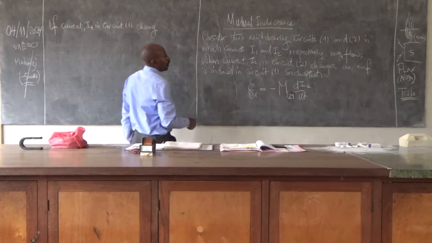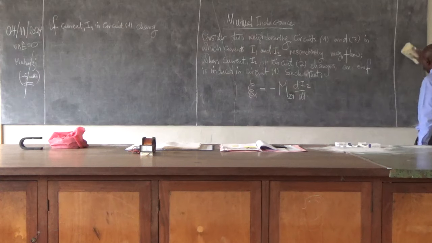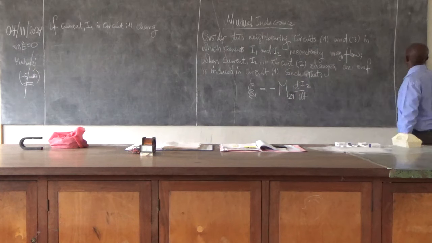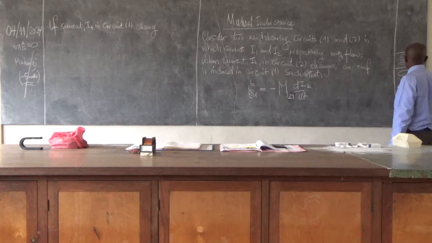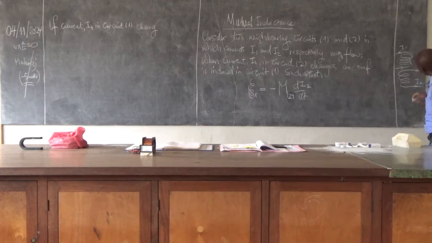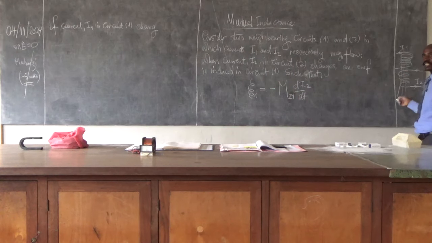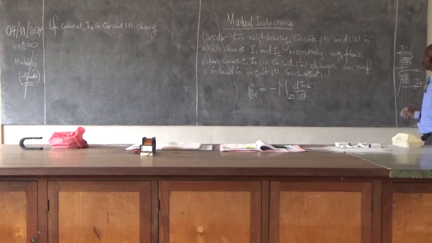Remember, this is how they look in electricity and magnetism, because I'm not drawing them again. We had coil 1, which was like this, and then we had coil 2, circuit 2, which was like this. So this is I2, this is I1, and when you have I1, its field goes like this. So if it changes, it threads circuit 2.